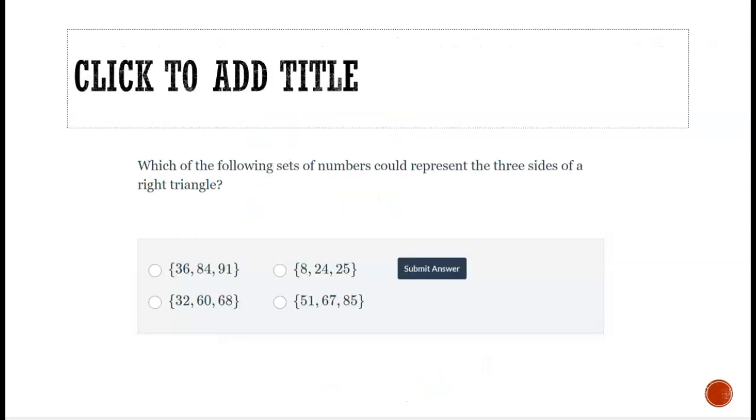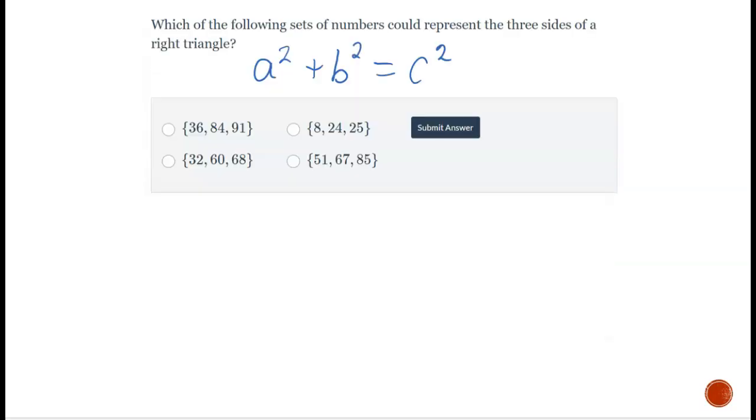Okay, let's look at another example. Which of this set of numbers could represent the three sides of a right triangle? As we're learning to decide if three numbers do form a right triangle, we have to use the Pythagorean theorem. So we can come to our first set of numbers and see, does 36, 84, and 91 make a right triangle?